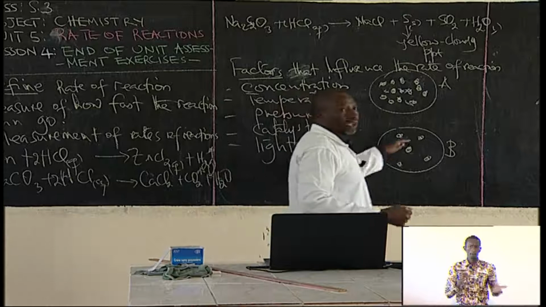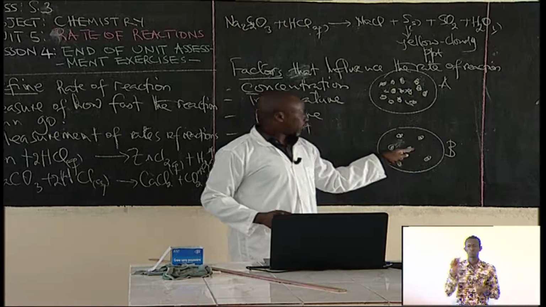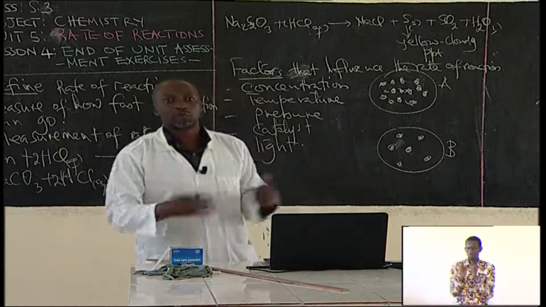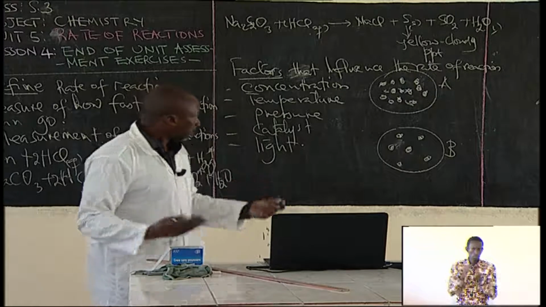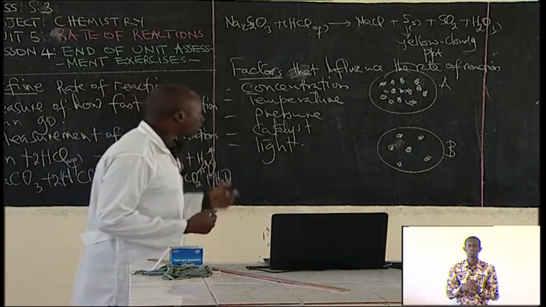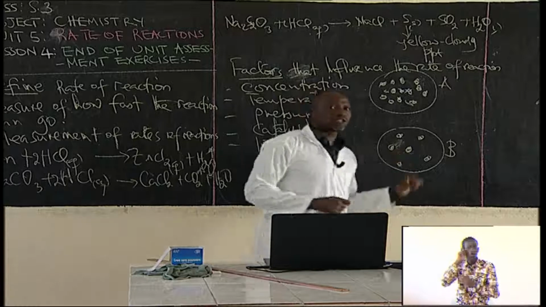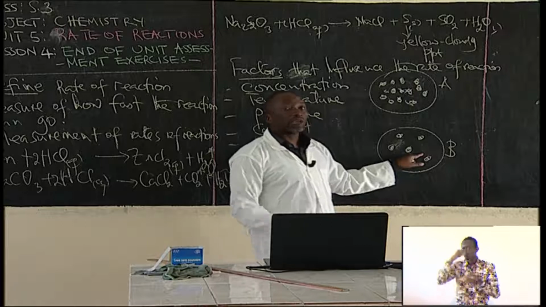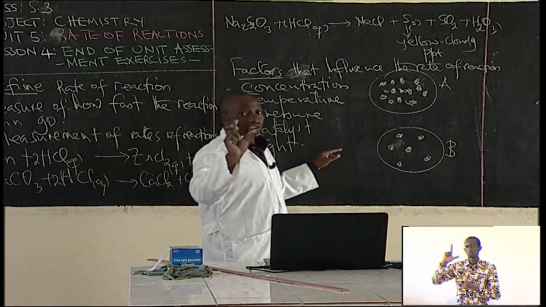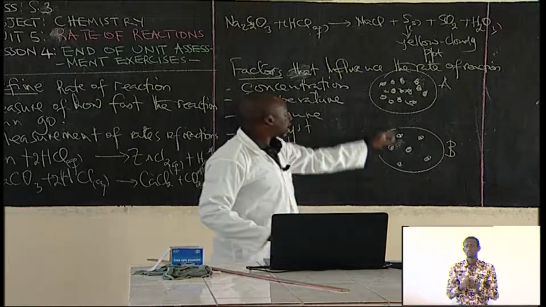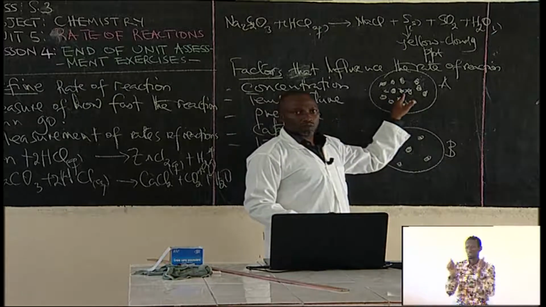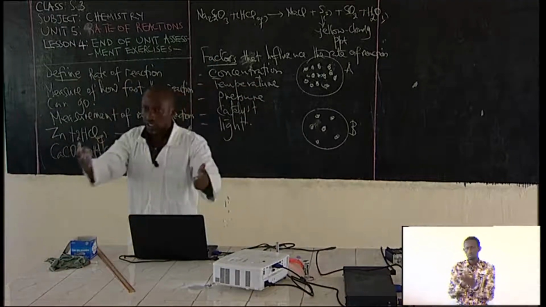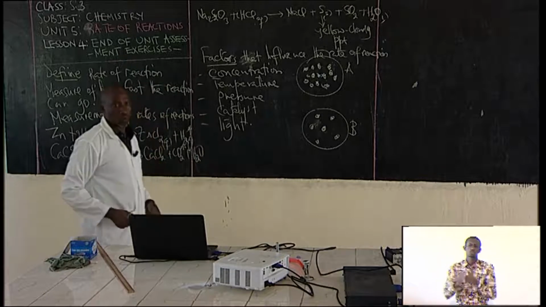Here, there are few particles in B. So the fewer the particles, the lower the frequency of the collisions that may take place. So we expect the reaction here to be slower, because the number of collisions that will take place here will be few. So the effective collisions will be lower. There are more effective collisions within A because of the increase in the number of particles hitting one another.